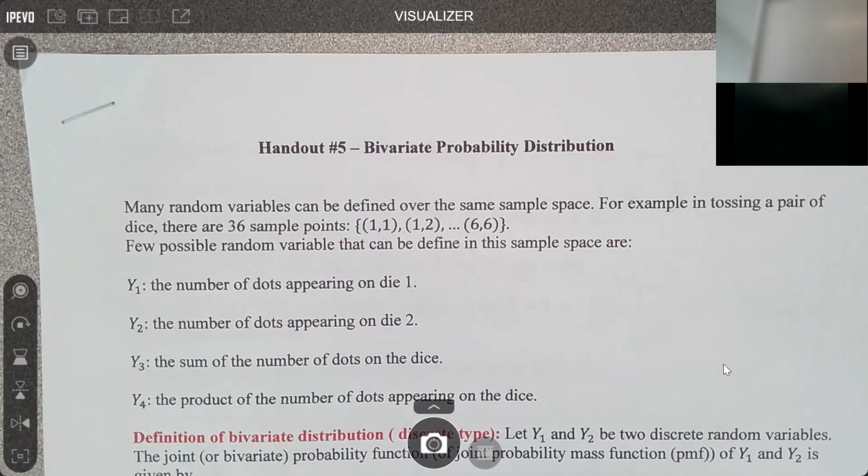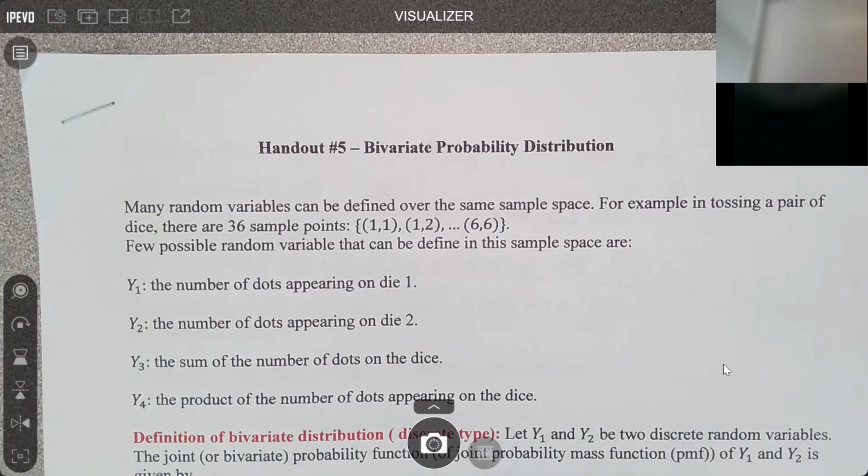Now this one, what is the sample? The first sample has a 1 and 1, right? So it has a 1, 2. So this means, what is the probability that y1 takes the value 1 and y2 takes the value 1?